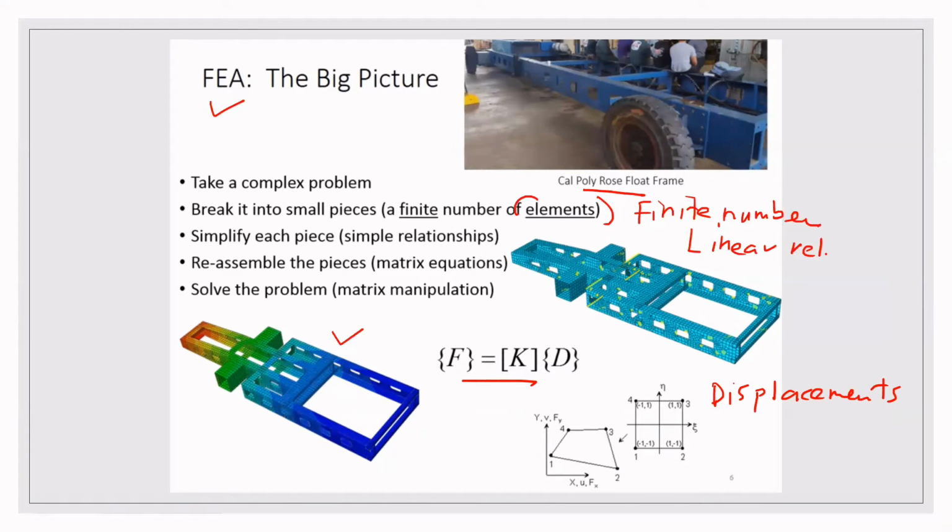So in order for us to solve the problem, you have to find the inverse of the stiffness matrix K. And that will give us all the displacements. So that is the big picture in finite element analysis.